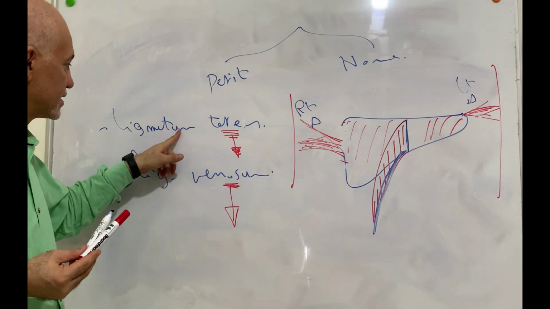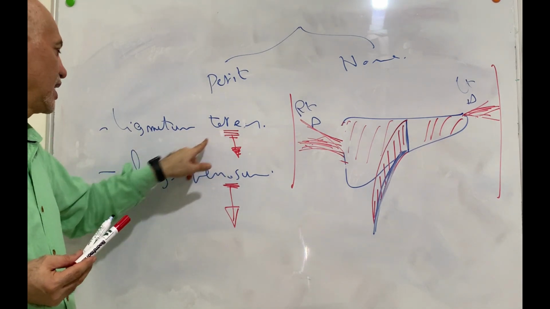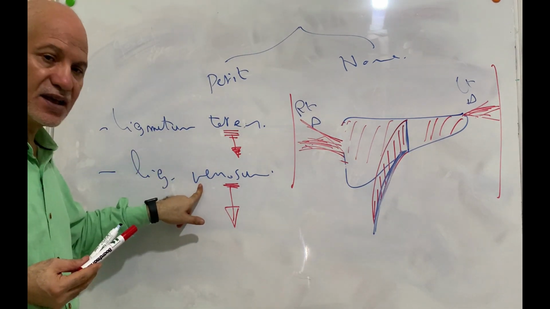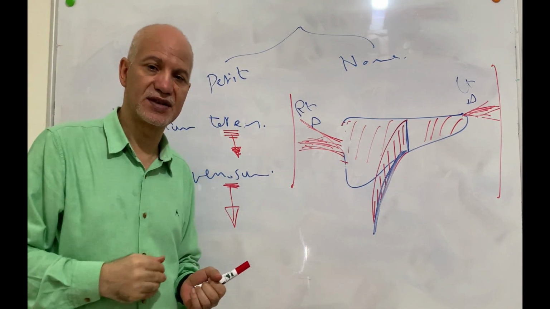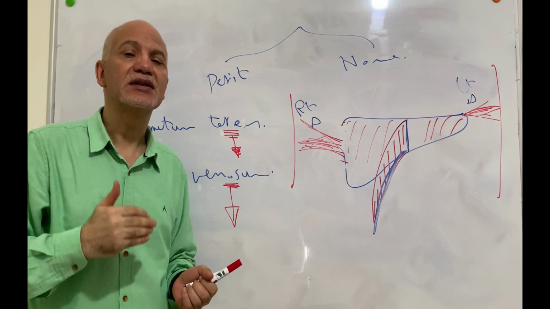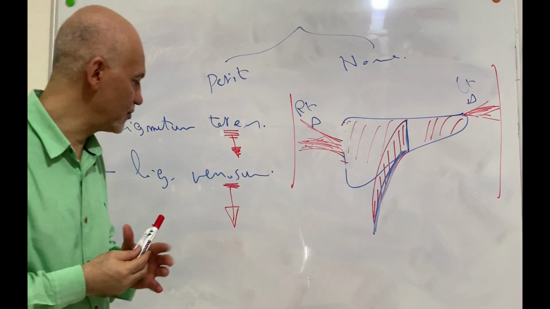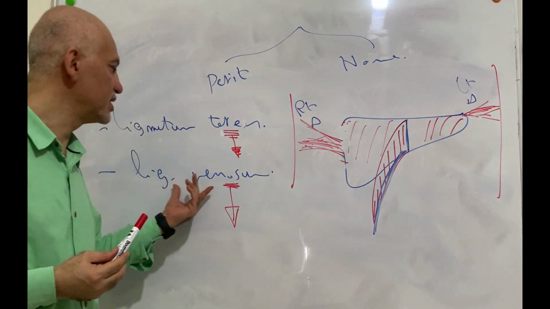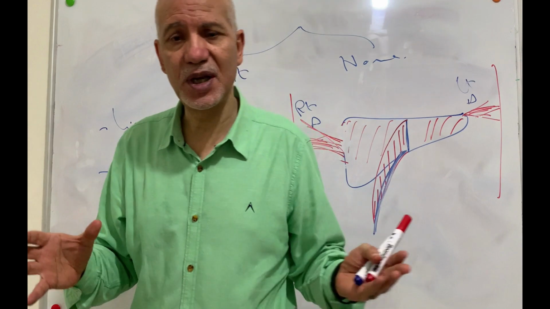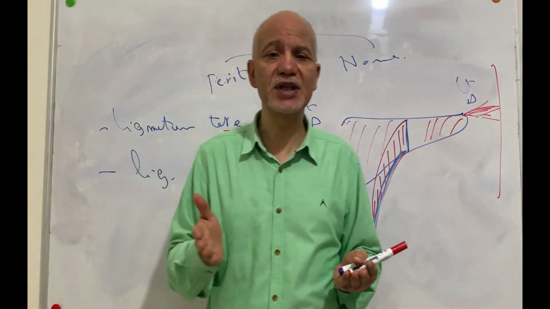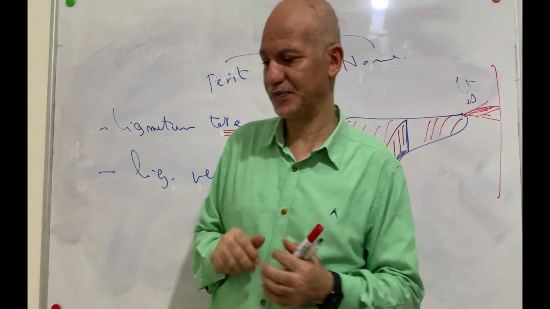So the ligamentum teres was the left umbilical vein, and the ligamentum venosum was a vein in the embryo called the ductus venosus. It is obliterated and becomes the ligamentum venosum. Fissures of the liver: the fissure for ligamentum teres and the fissure for ligamentum venosum are seen in the diagram.